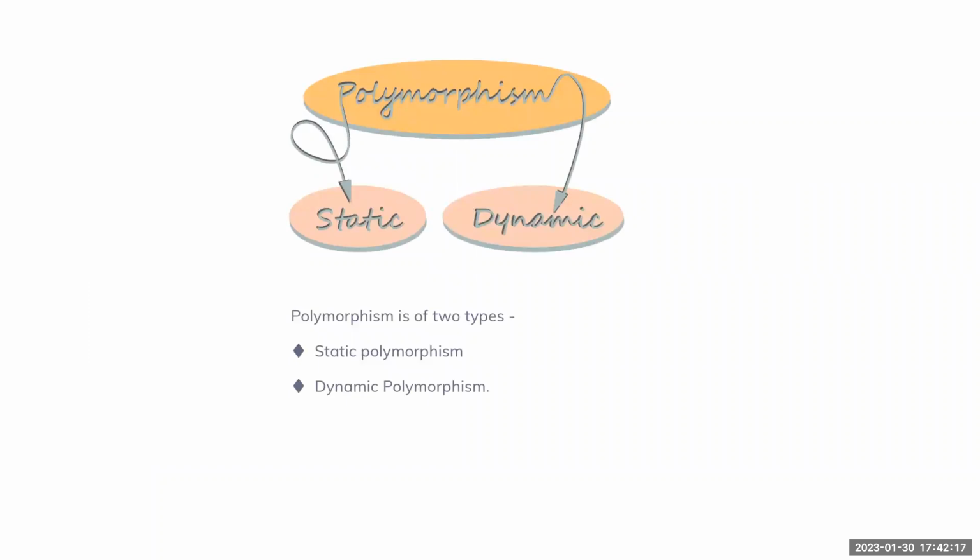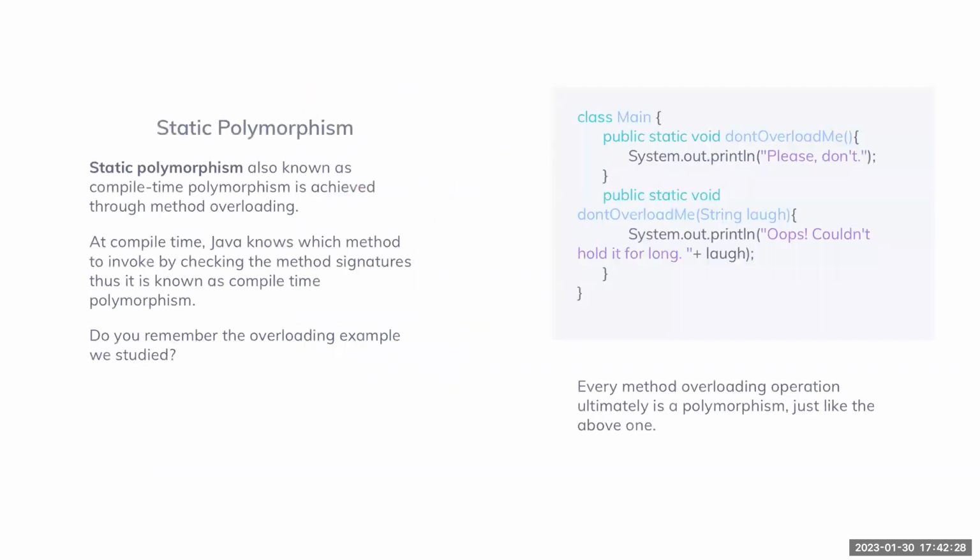Polymorphism is divided into a couple of types: static polymorphism and dynamic polymorphism. Static polymorphism is also known as compile time polymorphism, and it is achieved through method overloading.